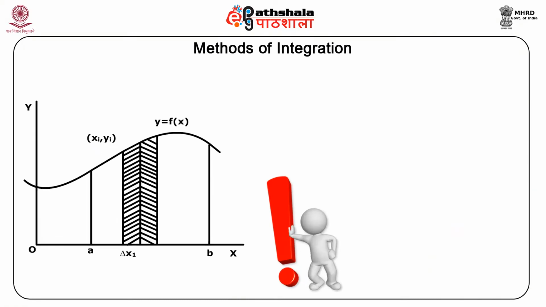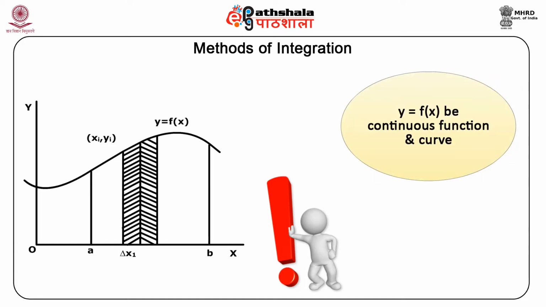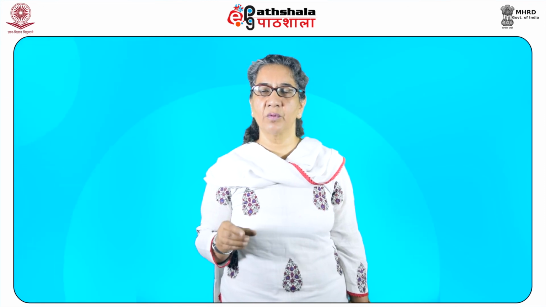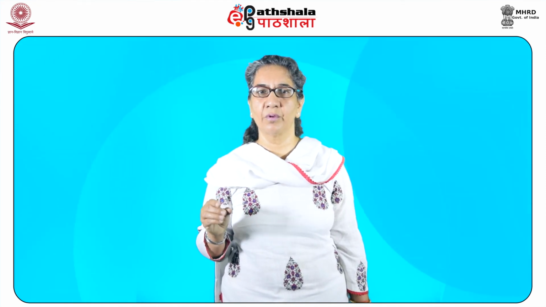Let us discuss definite integral as an area under the curve. Let y equal to f(x) be a continuous function and its curve. Suppose that we want to find the area enclosed by the curve and x-axis between two points a and b in the domain. This area can be divided into n strips, each with width equal to delta x_i, where i is equal to 1, 2, 3 up to n.